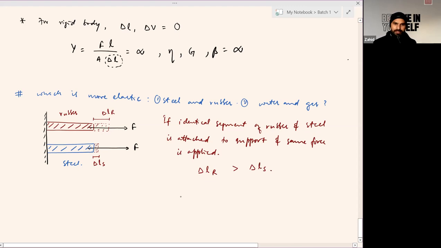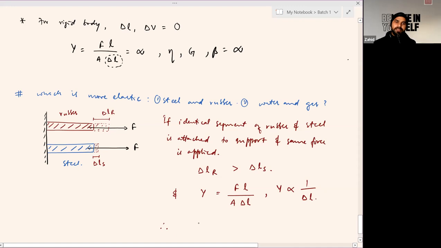And according to the formula, Young's modulus equals force times length divided by area times delta L. It means Young's modulus is inversely proportional to deformation. Rubber has more deformation as compared to steel, so rubber will have a lesser value of Young's modulus.